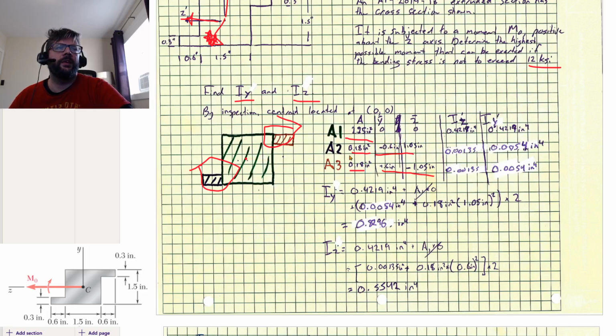For this one, it's located 0.6 down and 1.05 this way. Obviously the opposite on this side, so plus 0.6 in the y, minus 1.05 inches in the z.